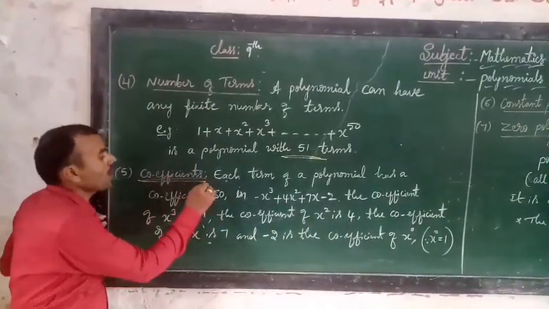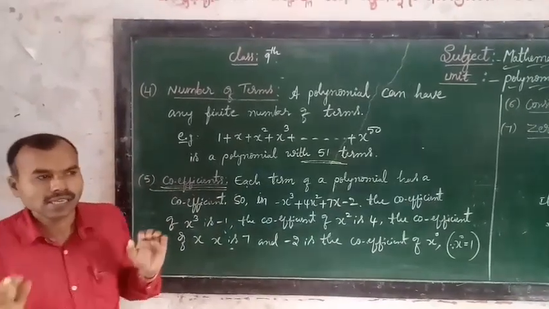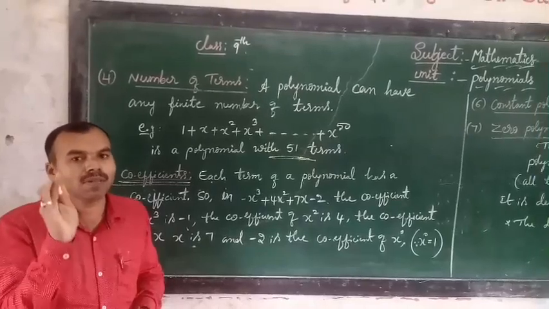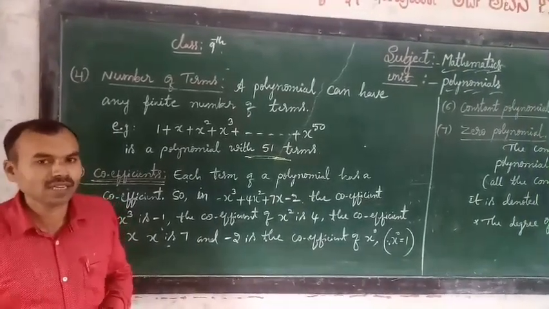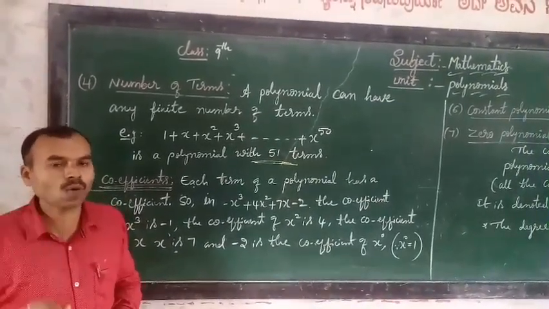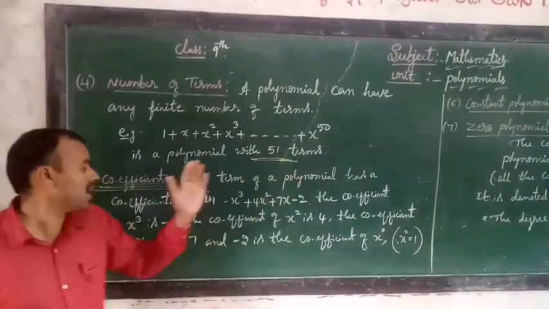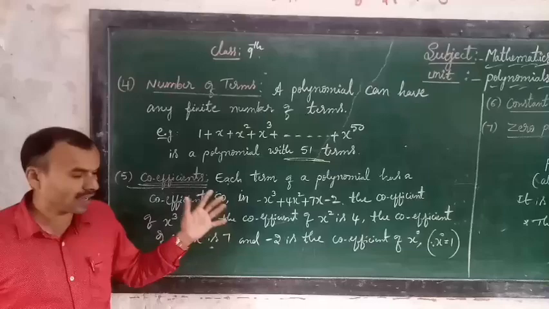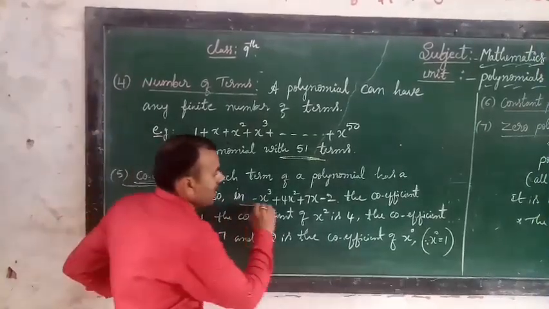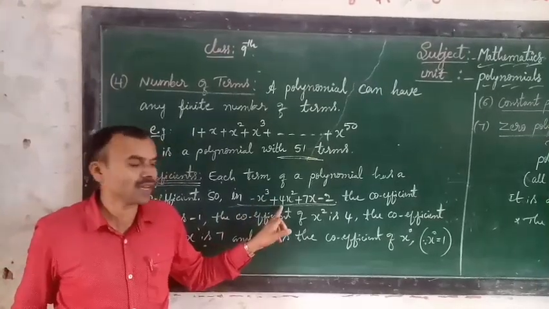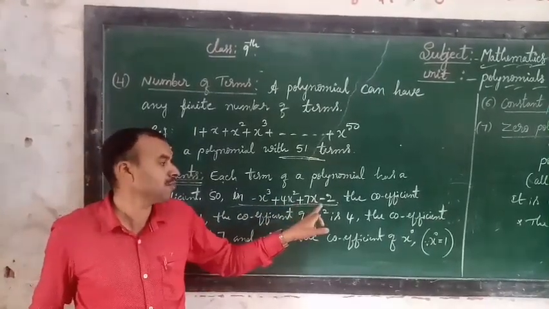Next, coefficients. In any polynomial, each term is multiplied by a number. That is called the coefficient. Each term of a polynomial has a coefficient. For example, consider minus x cube plus 4x square plus 7x minus 2.